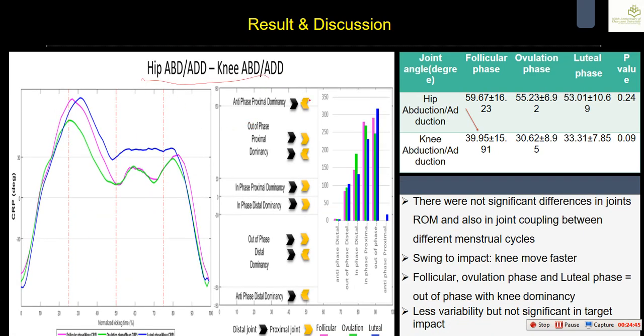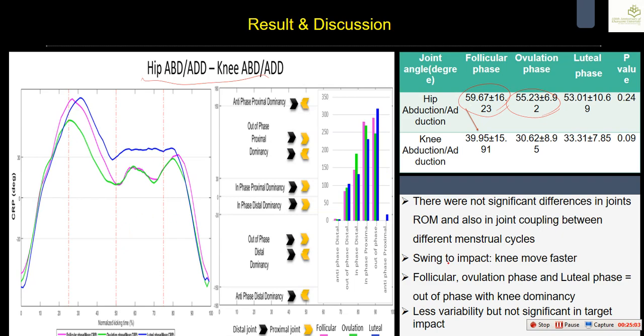For the hip abduction adduction and knee abduction adduction coupling, we couldn't find any significant differences between joint range of motion and also coupling angles.